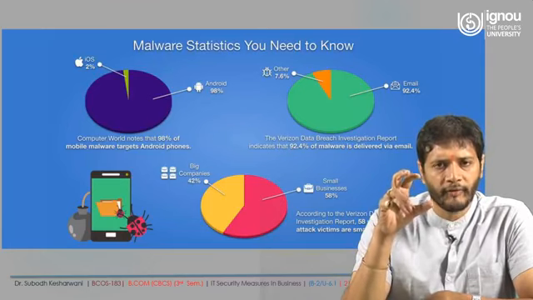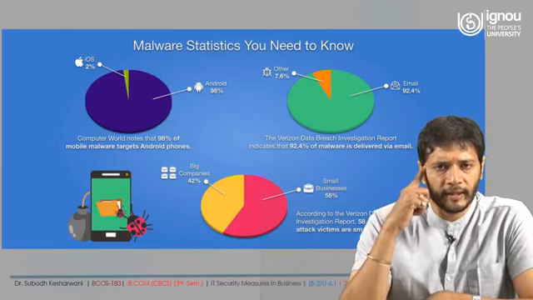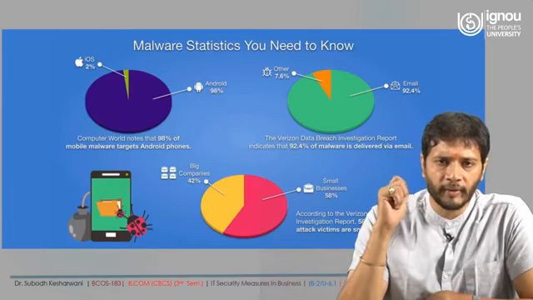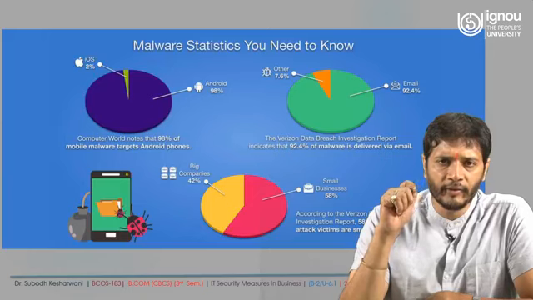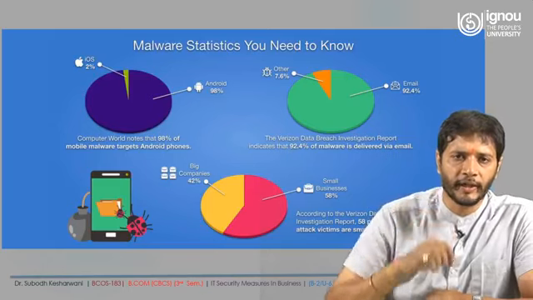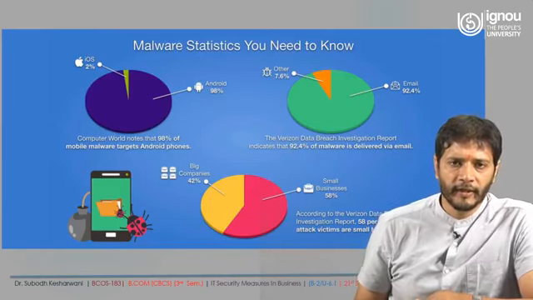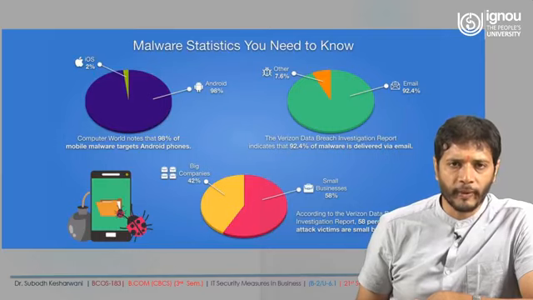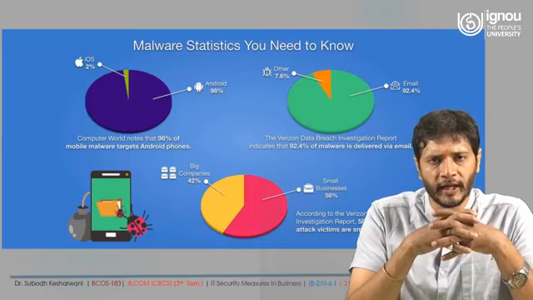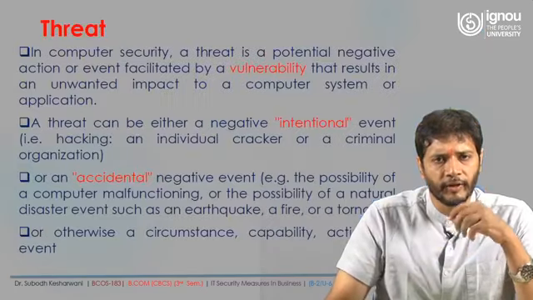The graph shows that 58% of malware attack victims are small businesses. And then, as far as email is concerned, a lot of data breaches are happening through email, somewhere around 92.4% compared with other ways. So spam, phishing, and other models are coming up. We will talk about all those things.